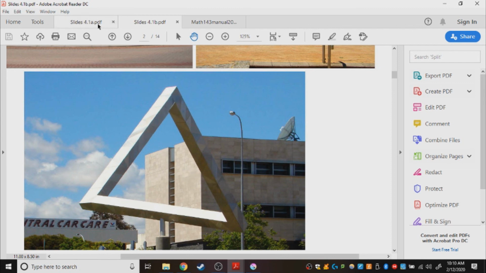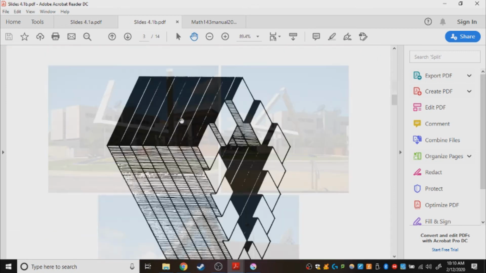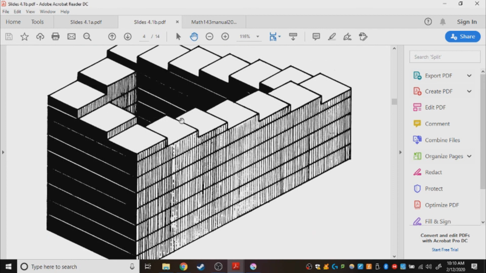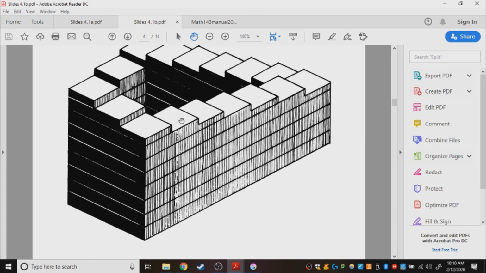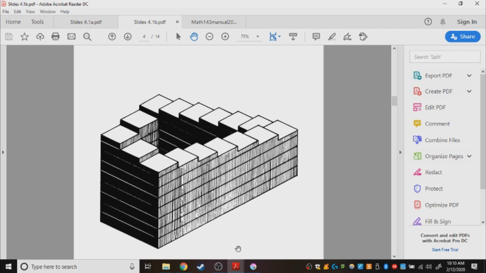So there's a lot of things that look possible, yet they are not. Let me just zoom out. There's another one there. I need to zoom. This is sort of the start of that concept, the impossible staircase. Yes. You go up and you never stop going up.